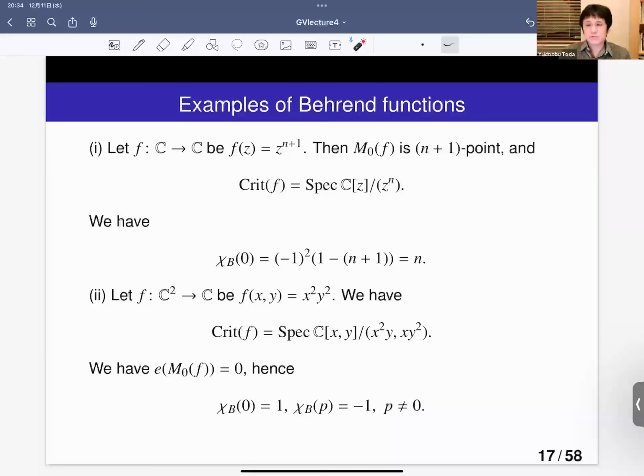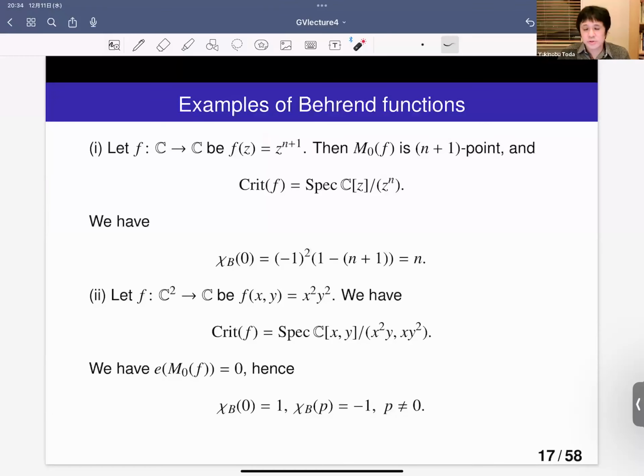So here are some examples of Behrend functions. Let f be a function given by f equals t to the power of n plus 1. Then, of course, the Milnor fiber is just n plus 1 points, because this is just solving the equation t to the n plus 1 equals some epsilon. So there are n plus 1 distinct points. And also in this case, the critical locus is this one. So this is given by just the derivative of this function, t to the n.